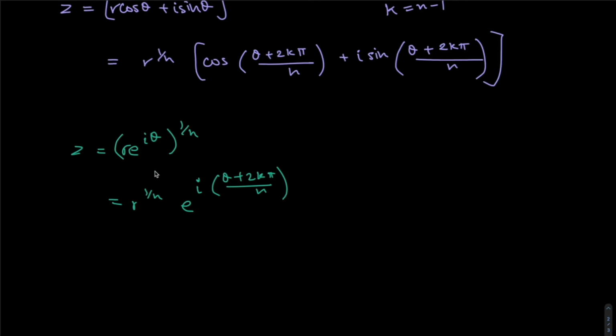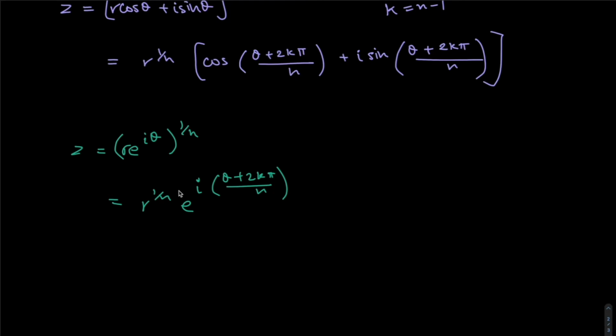And it follows the same idea, that k is less than n, k goes up to one less than n. So let me read this out again, 1 by n, right?